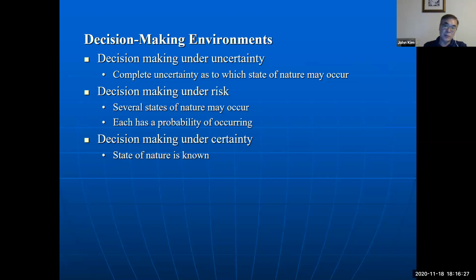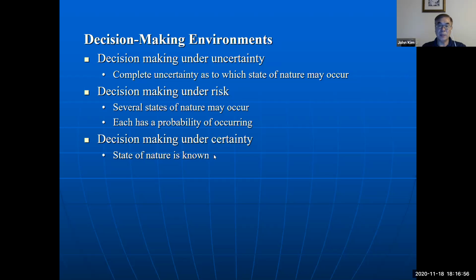Decision-making environment: three environments: under uncertainty, under risk, and under certainty. Under uncertainty, totally we cannot control. Everything is uncertain. Under risk, we have some information such as probability and expected value and so on.